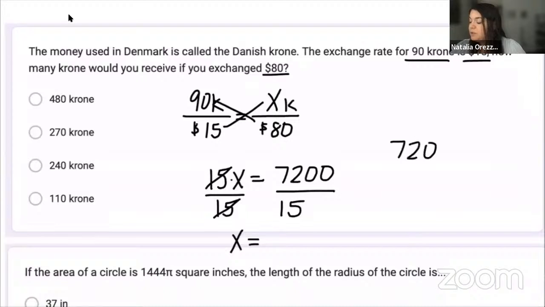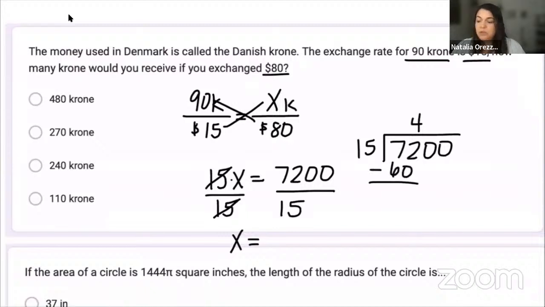So 7,200 divided by 15. Here we go. 15 times 4 gives me 60. So I'm going to put this down here. 72 minus 60 gives me 12. I bring down a 0. This is going to be, I'm going to say maybe 8. Let's try 15 times 8.